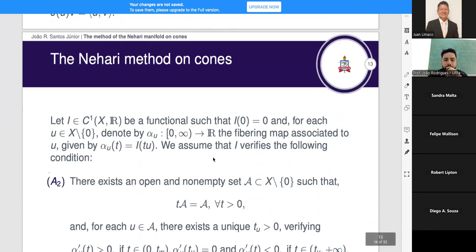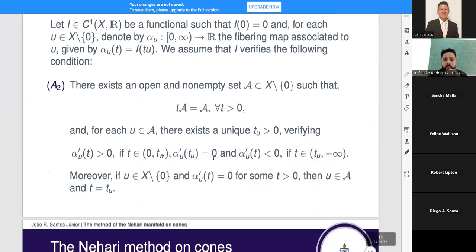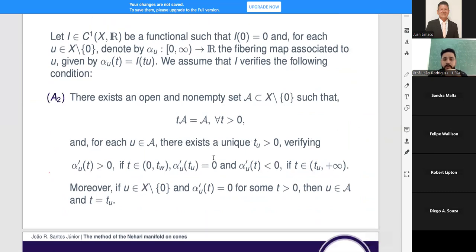But the second condition we are considering here is more general than the condition A1 of the paper of Zuckerberg. For us, now the fiber doesn't need to have only one critical point for all functions u in the Banach space.